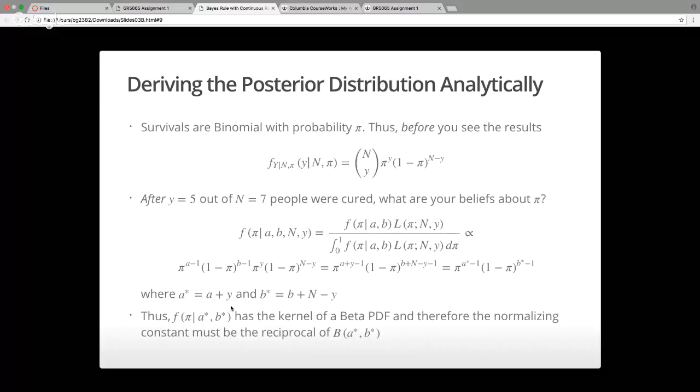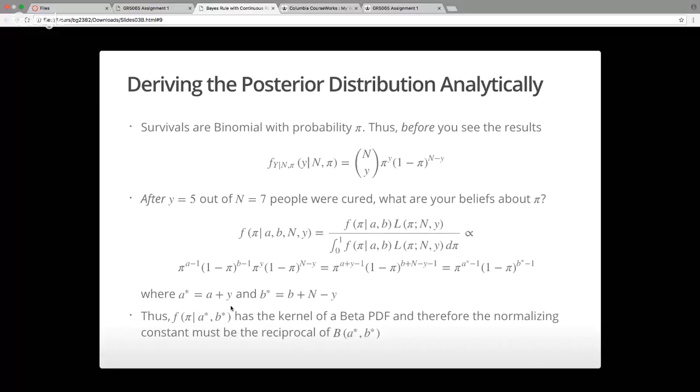We're going to evaluate this at all kinds of different values of pi in order to come up with the posterior distribution for the cure probability. And so it's the same mathematical expression. Here it's a function of y. If we call it a likelihood function, then it's a function of the parameters, and we're going to evaluate it only at the value of y that we actually observe in the data. Same thing for n.